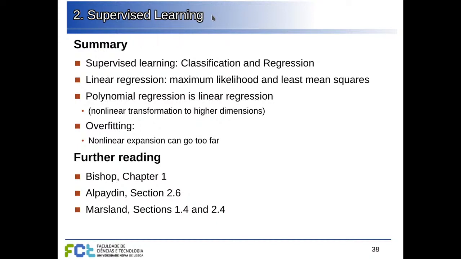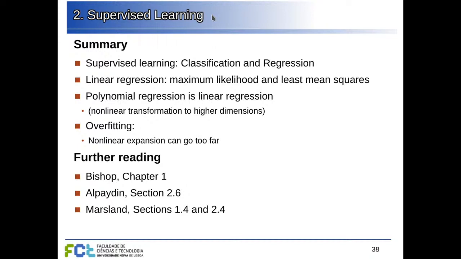And we also saw that we can fit curves with polynomial regression, for example, by using implicitly a linear model in higher dimensions, but after doing some non-linear transformation of the data. So we are transforming our data into higher dimensions and twisting the data, reshaping the data, and then when we fit something straight in that higher dimensional space, it turns out to be something curved in the original space that we have.